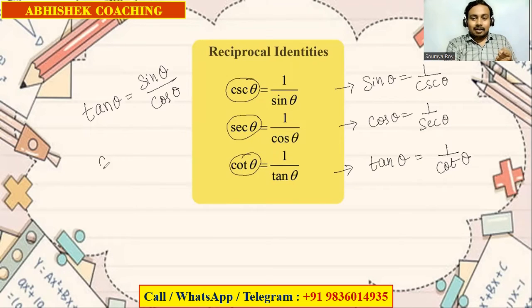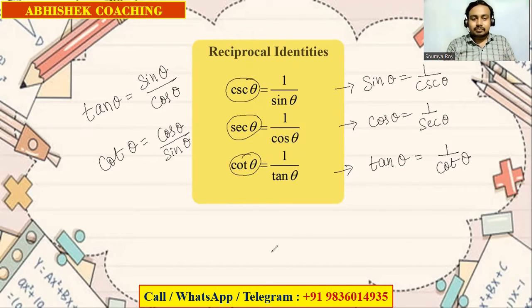Now I can very easily write cot theta also in terms of sin and cos. So how can I write? Because tan is reciprocal of cot or cot is reciprocal of tan, so hence we can write cot theta as cos theta by sin theta. Very easy.